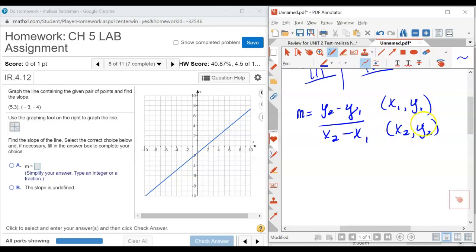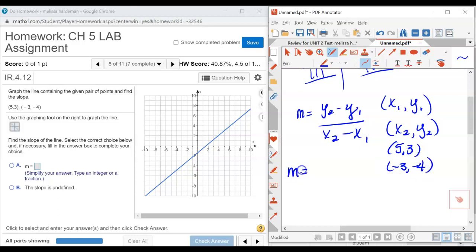All we do is subtract the y values and put that over the difference between the x values. So in this case, we had the ordered pair 5, 3, and -3, -4.